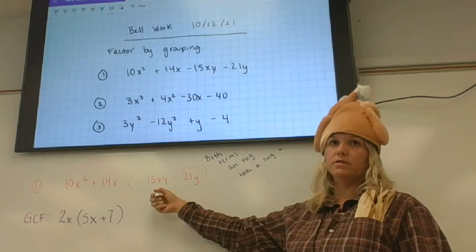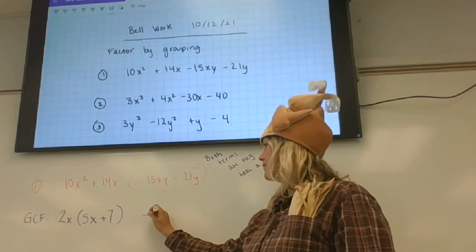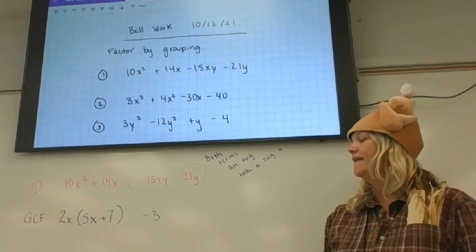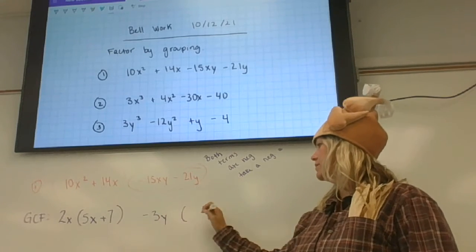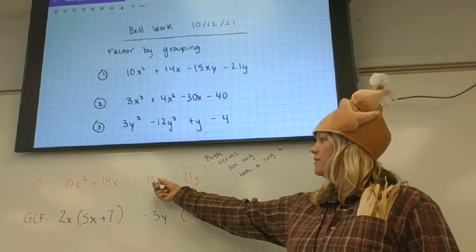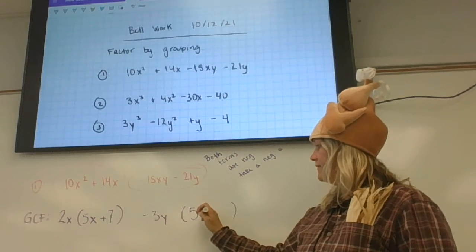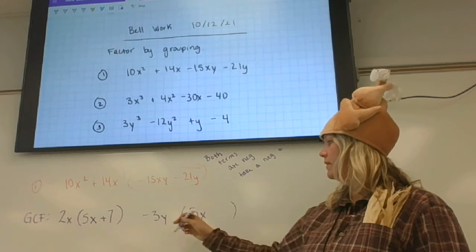So instead of 3, since these are both negative, I'm going to put a negative 3 out front. They also both have y, so you can also put a y. 15 divided by 3 is 5 with an x. 21 divided by 3 is 7.